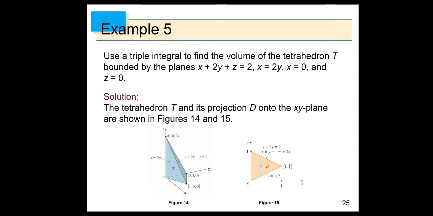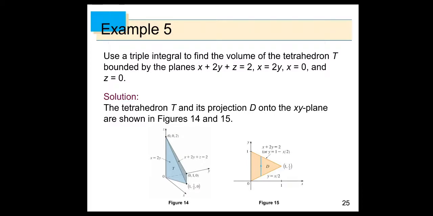Alright guys, so just jumping towards the solution, the tetrahedron T and its projection D on the xy plane are shown in figures 14 and 15. First of all, we have our values over here. When we substitute y and z equal to 0, we find x is equal to 2. Wait, as shown, on the x-axis it's from 0 to 1, and on the y-axis from 0 to 1, right?